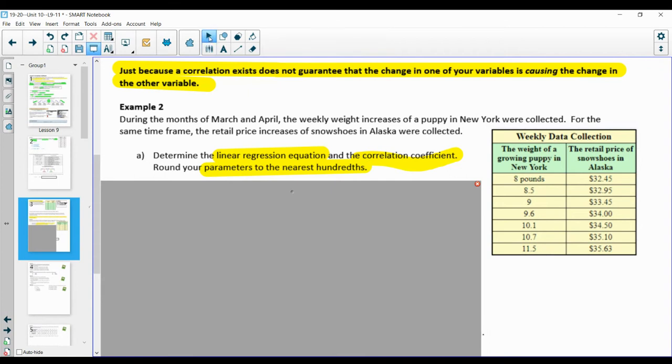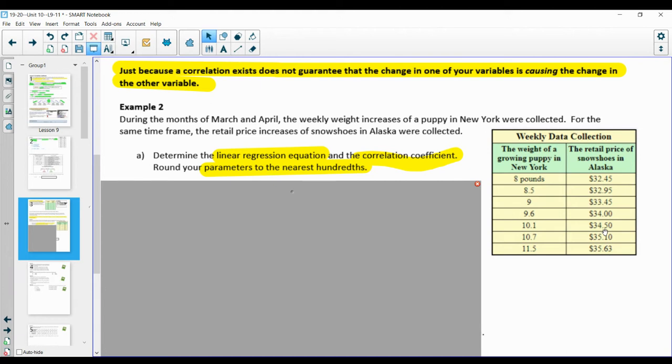So what I'm going to ask you to do, once again, is you're going to take these values and sub them into your calculator for your L1 and your L2. So I would take the weight of puppies in New York, that's going to be my X or my L1. The retail price of snowshoes in Alaska will be my Y or my L2.